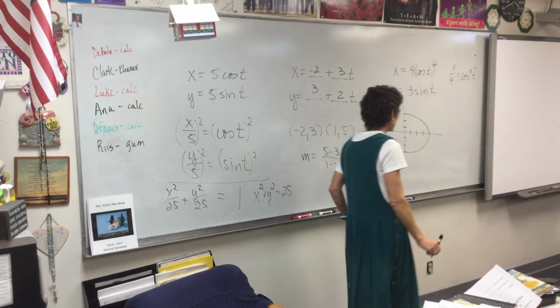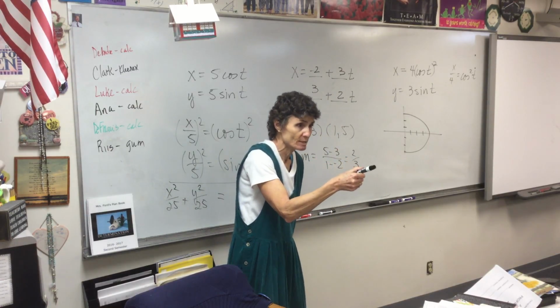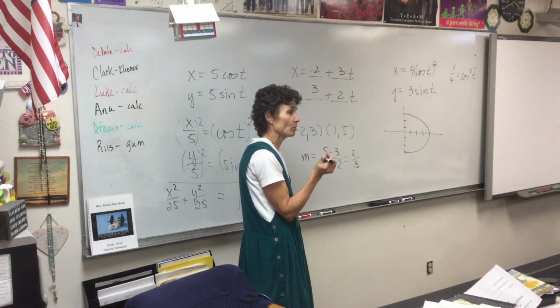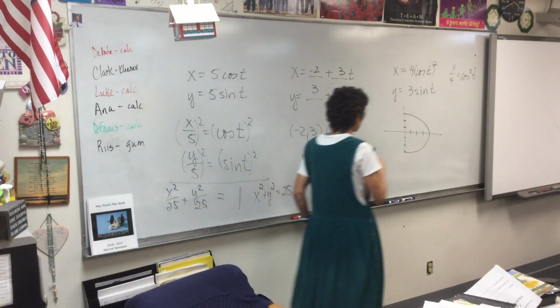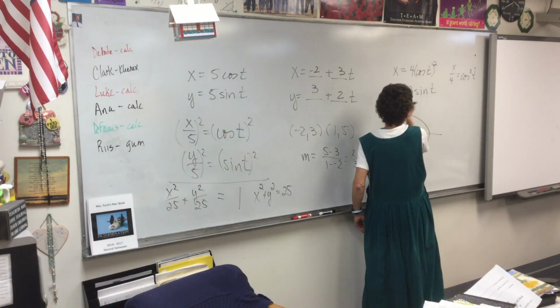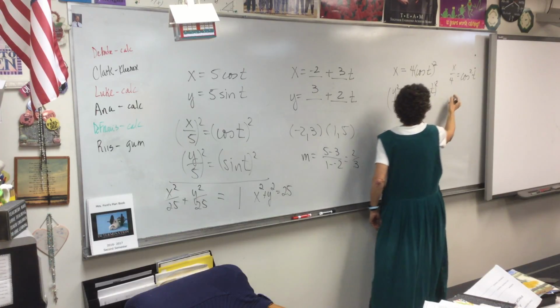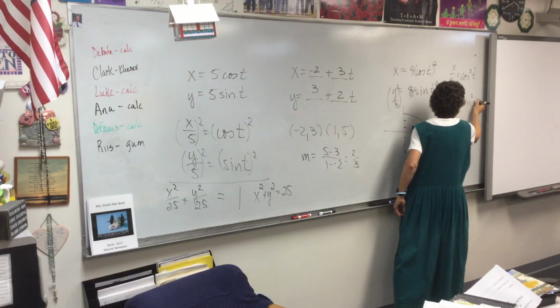It's already squared. And remember, the key to getting rid of sines and cosines is squaring them. You can't change out sines and cosines unless they're squared. So this one, I'll divide by 3 and square. So I'll have y squared over 9 equals sine squared.